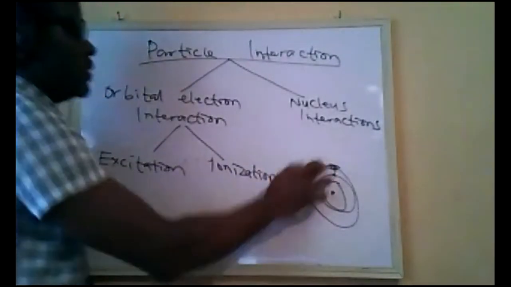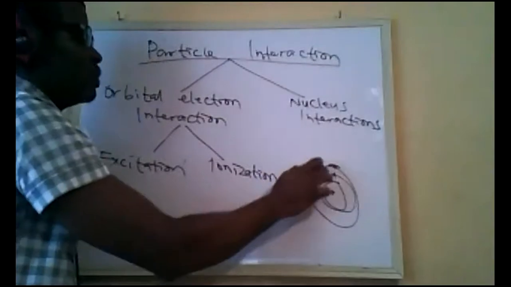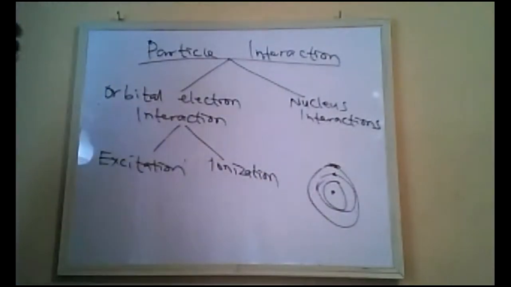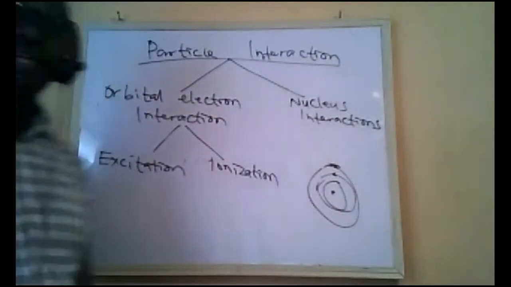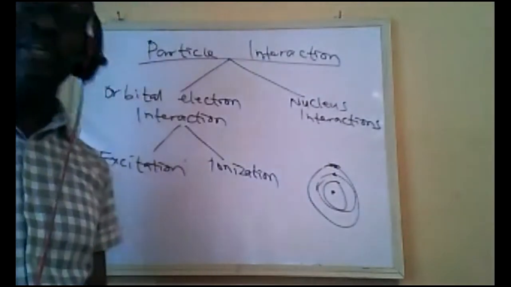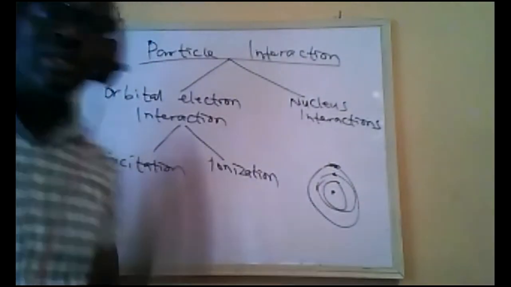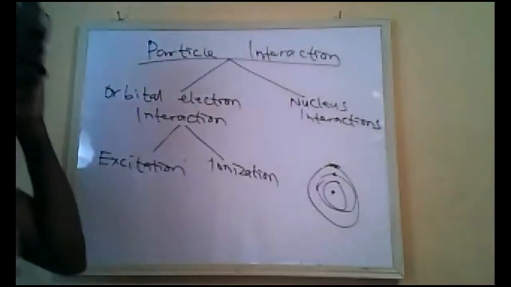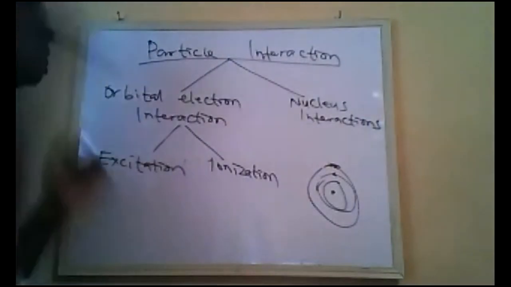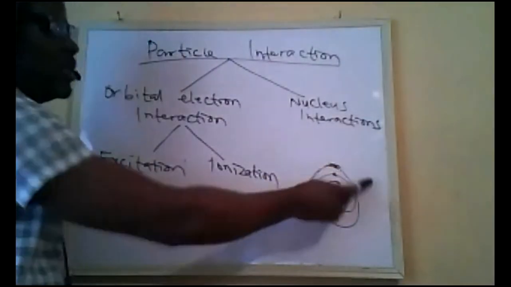But at other times, like in pair production, scattering, and photoelectric emission, you're going to have the electron leave this shell and leave the atom.